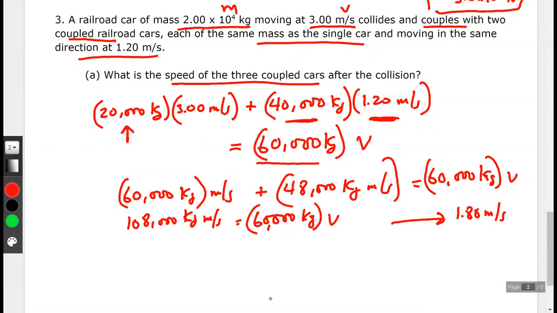All three cars coupled together to become 60,000 with a single velocity. I added up the total momentum before, which is 108,000, and the three masses, 20, 20, 20, became 60,000 times V, divided both sides by 60,000 and got that answer. And that is it.